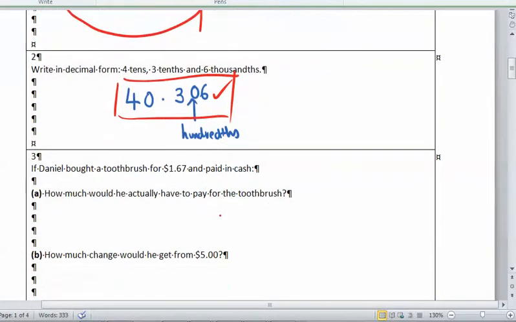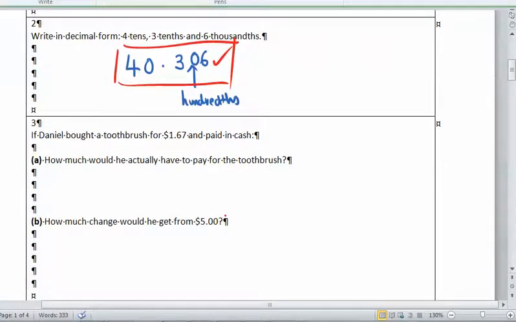Okay. Daniel bought a toothbrush for $1.67 and paid in cash. How much would he actually have to pay for the toothbrush? Yes, Lauren? Do we round, what's closer, $1.65 or $1.70? Yep, so she would pay, or she, Daniel's a she. It's a lady. $1.65.